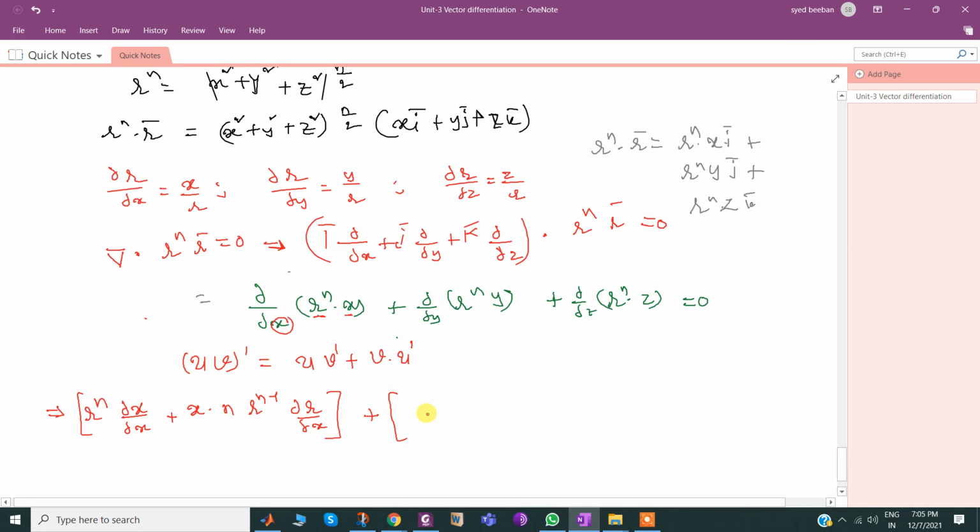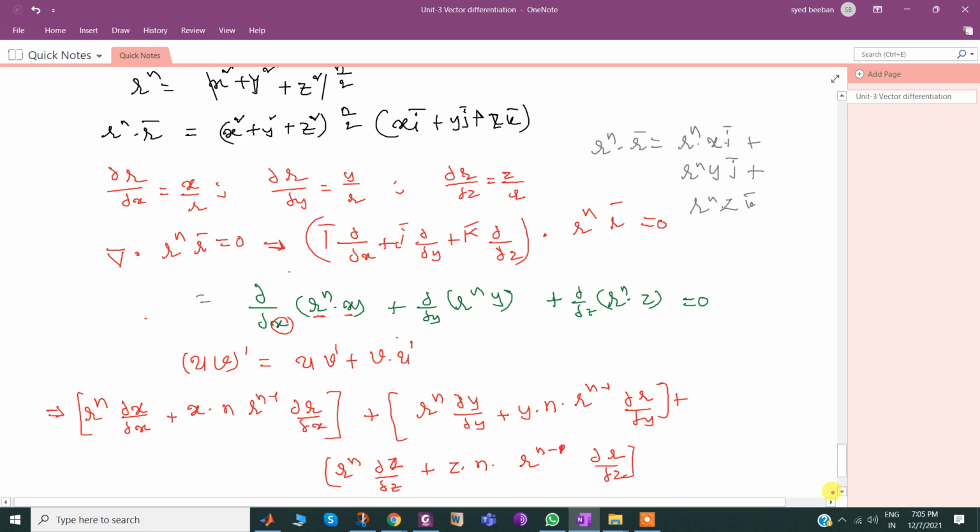Similarly, second term: r^n into ∂y/∂y plus y times n times r^(n-1) times ∂r/∂y, plus r^n times ∂z/∂z plus z times n times r^(n-1) ∂r/∂z.